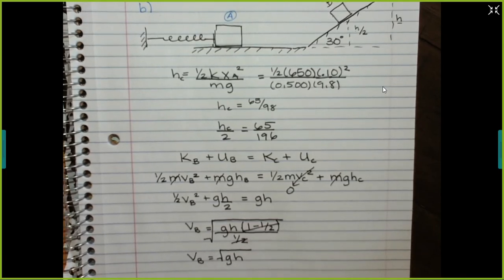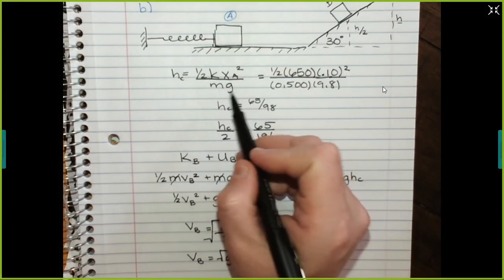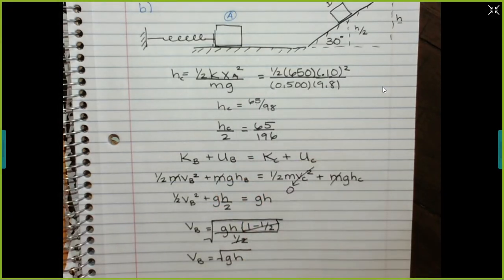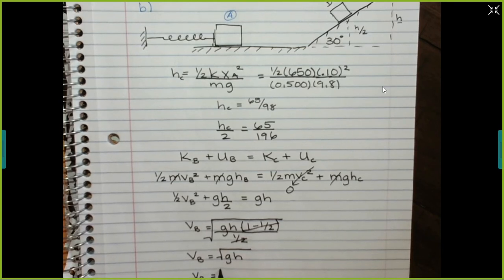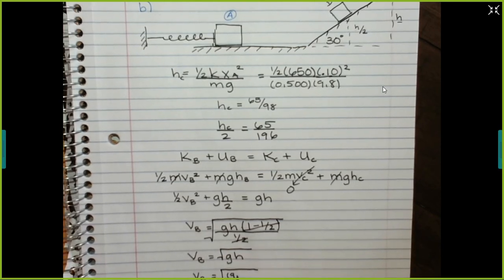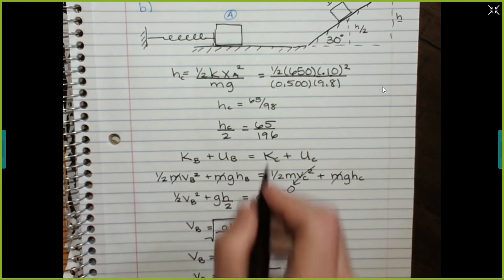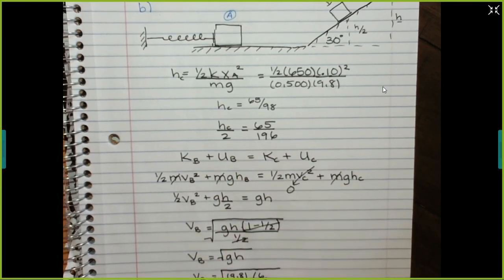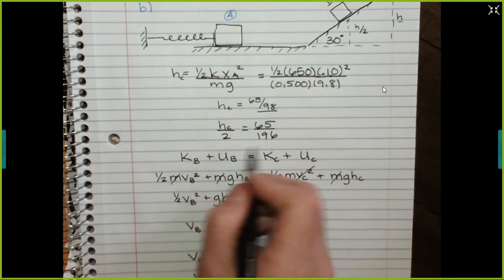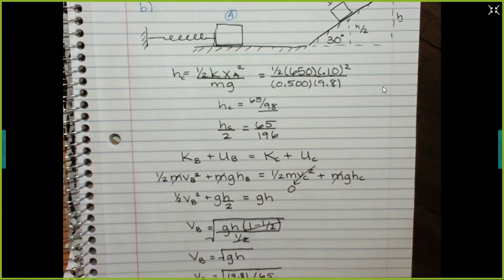And how much was the height? Well, remember, it was equal to this in part A, and I figured out that that was 65 over 98. So the velocity at B is equal to the square root of 9.8 times the height. H over 2 is 65 over 196.